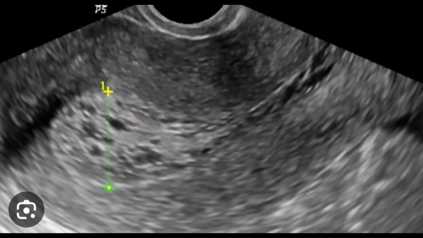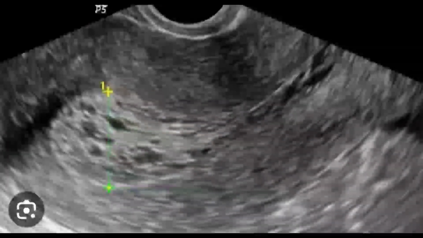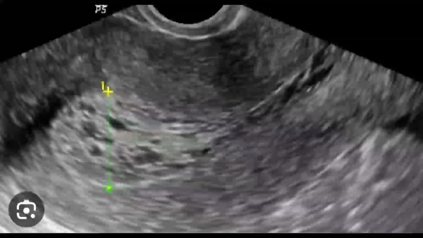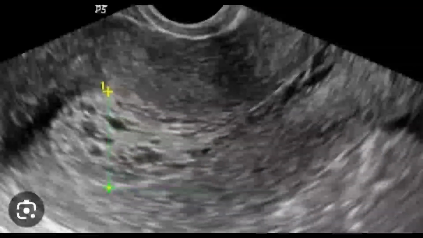This is a transvaginal scan, and on it you can see the thickened endometrium. However, it is a generalized thickened endometrium associated with central cystic degenerative changes, making it suitable for the diagnosis of endometrial hyperplasia, or maybe development of hyperplastic polyps, because the patient is on tamoxifen.